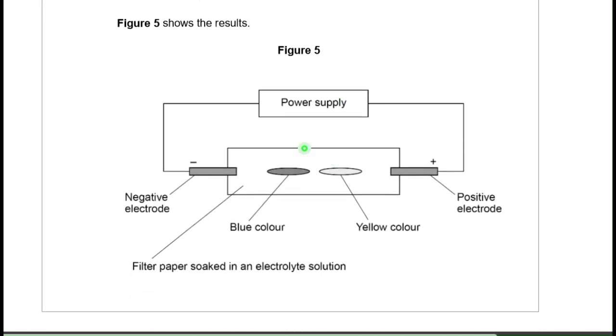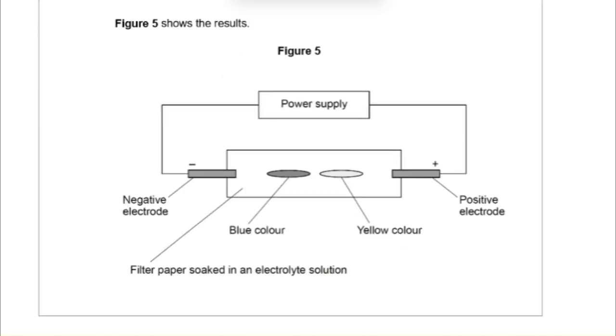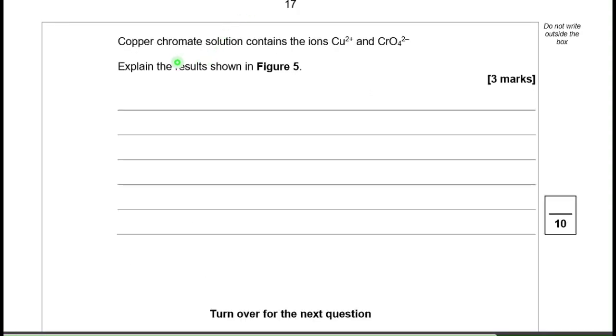You've got the same outline, but in the middle of this filter paper now, on the left we've got a blue colour, and on the right we have a yellow colour. So what was there in the first place is now separated into blue on the left and yellow on the right. Copper chromate solution contains the ions Cu2+ and CrO4 2-.